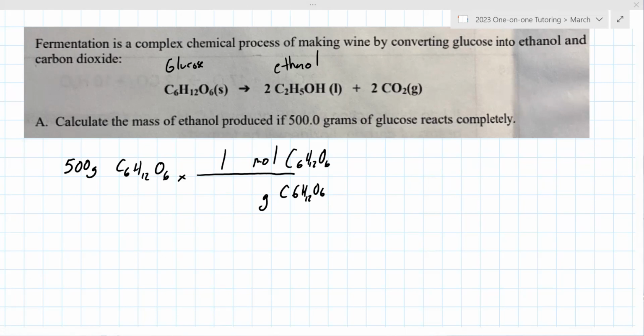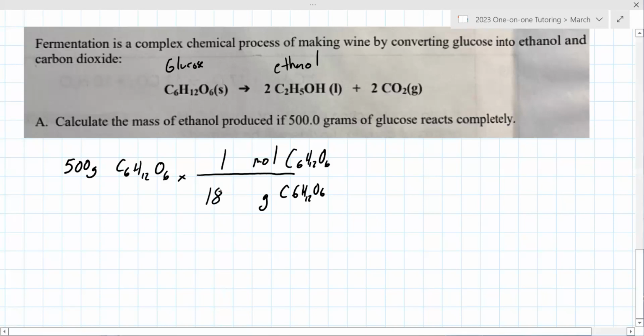C6H12O6. Yeah, I've got that. Uh, 180. Yes.